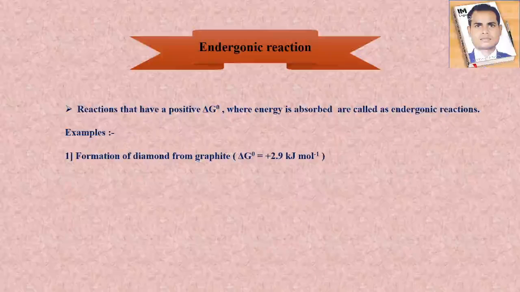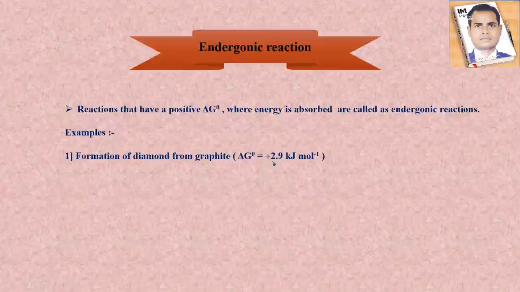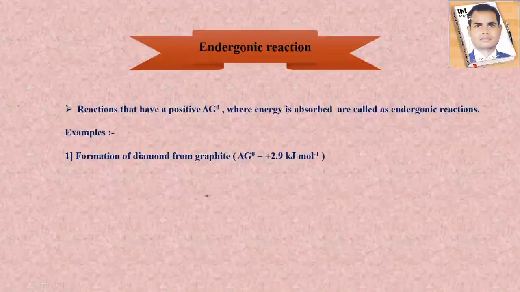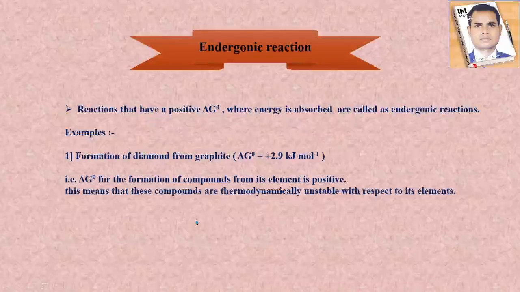For example, take the formation of diamond from graphite. Delta G0 is equal to plus 2.9 kilojoule per mole. That much energy is required for the formation of diamond from graphite, and delta G for the formation of compounds from its elements is positive.